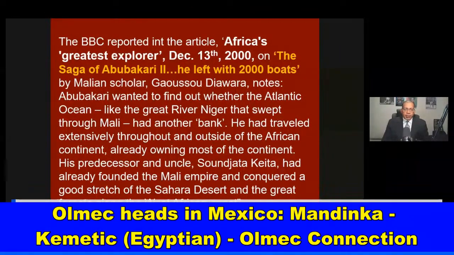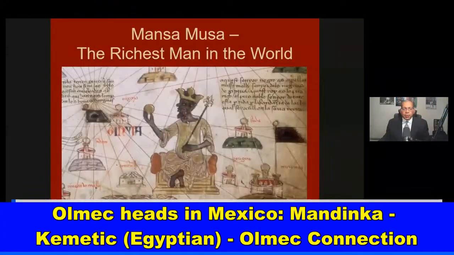His predecessor and uncle, Sundiata Keita, had already founded the Mali Empire and conquered a good stretch of the Sahara Desert and the great forests along the West African coast. Okay, so we look at West Africa and Ghana, Songhai, and Mali, but also Mansa Musa.